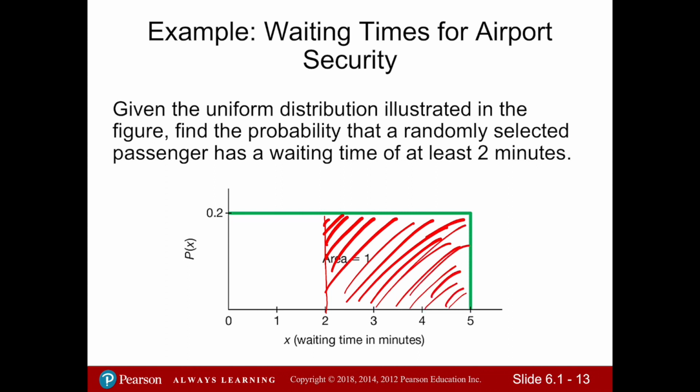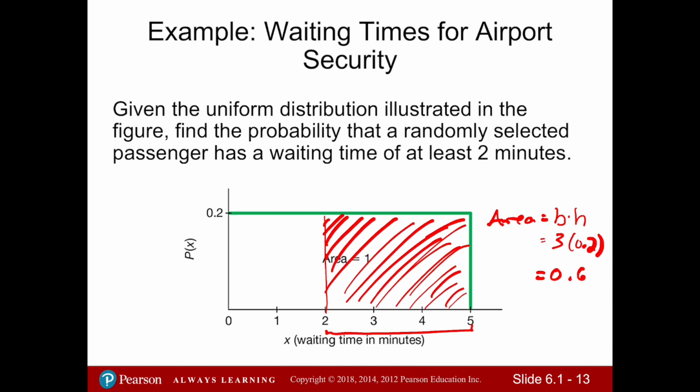To compute this area, it's just a smaller rectangle. Its area is base times height. Its base is 3 units, its height is 0.2, and so the final area is 0.6.